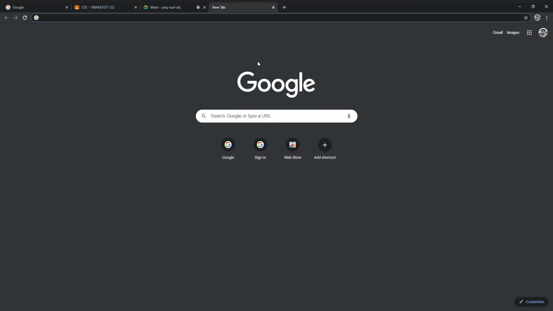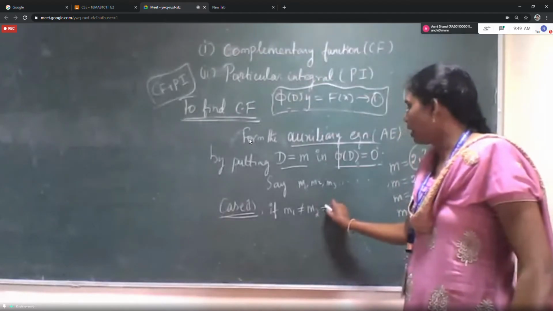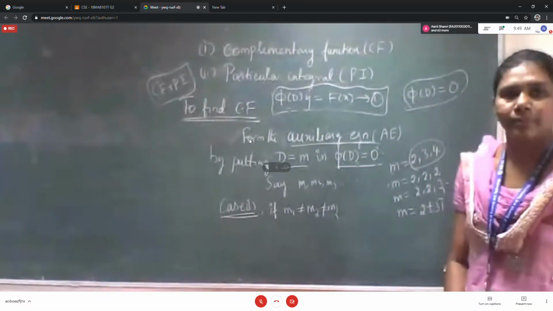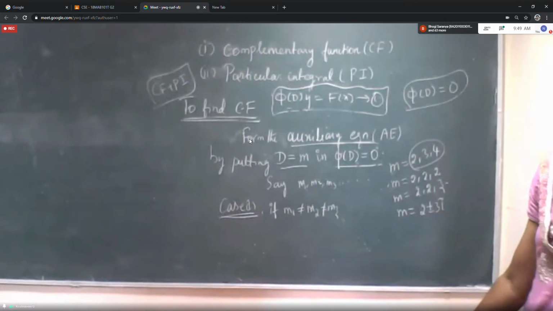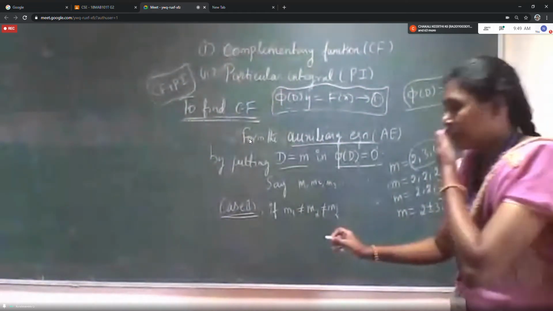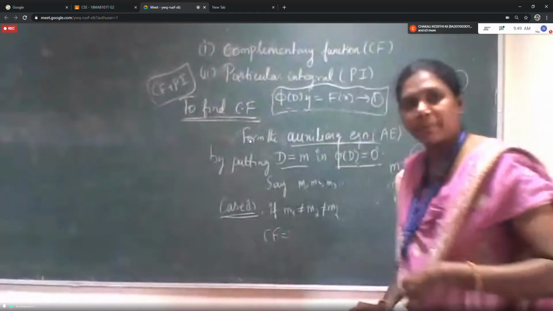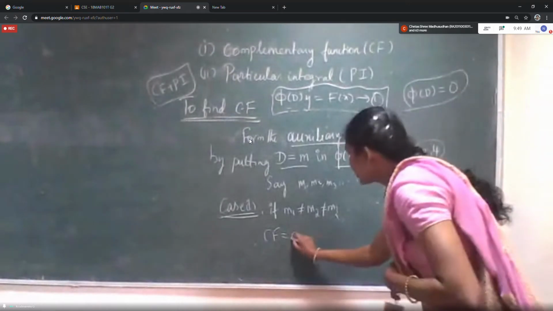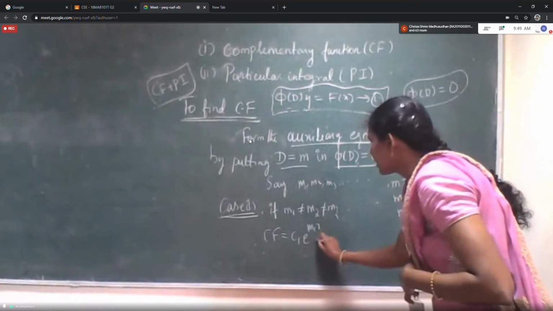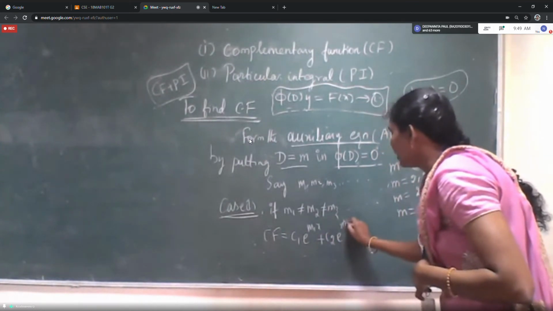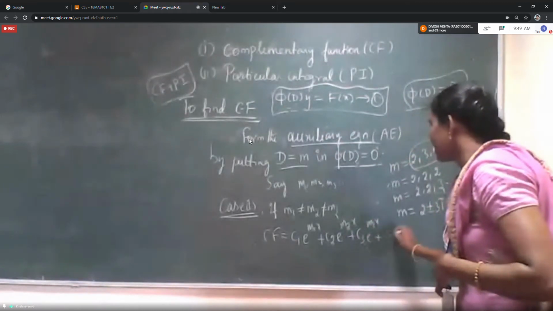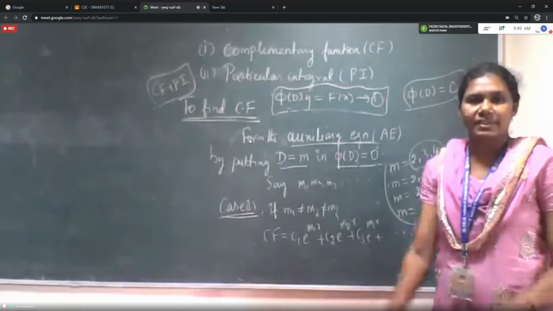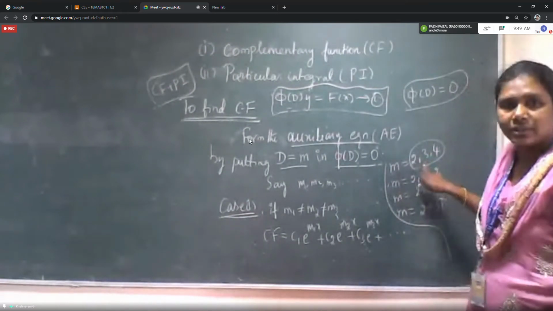Unequal means m1 not equal to m2 not equal to m3. Then the CF, the complementary function, will be C1 e power m1x plus C2 e power m2x plus C3 e power m3x plus etc. This is the first case for unequal roots.